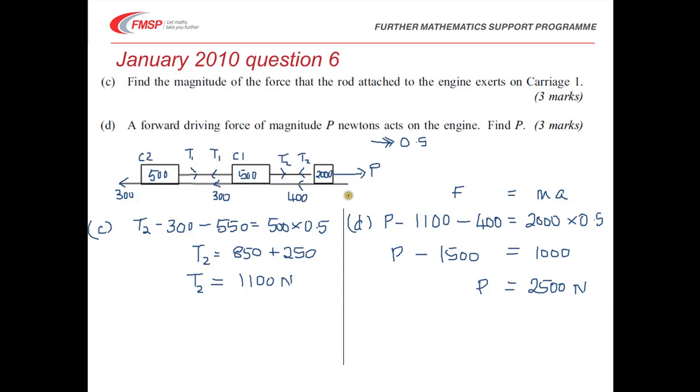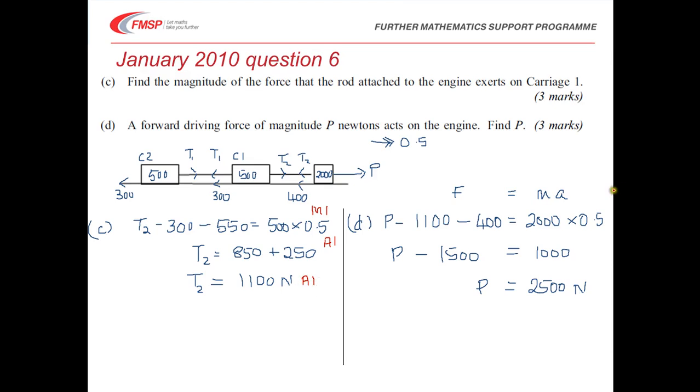You got a method mark here and an accuracy mark, so a method mark for getting your resultant force and an accuracy mark for putting it equal to using F equals ma, if you like. And then we had an accuracy mark for finding 1100 newtons.